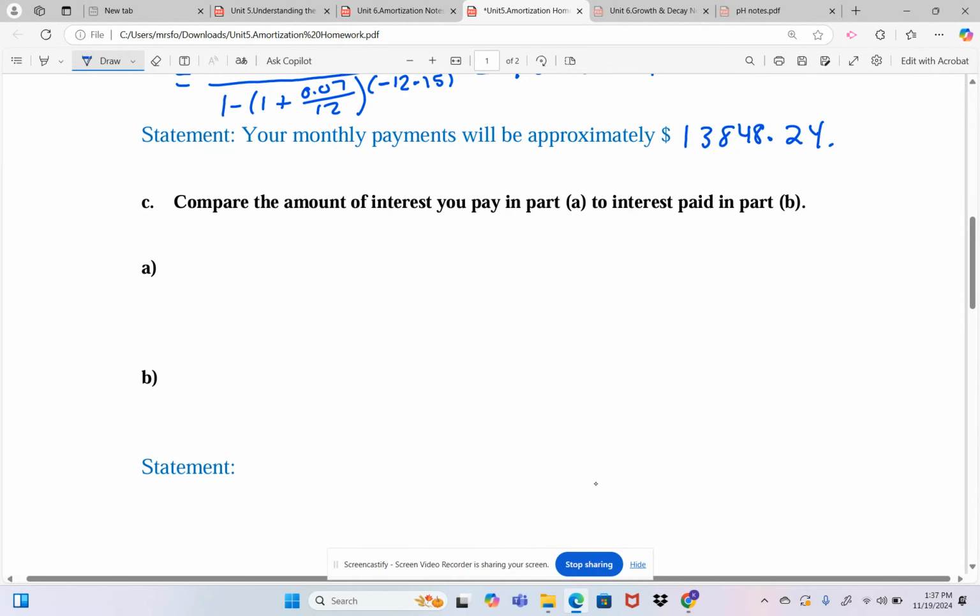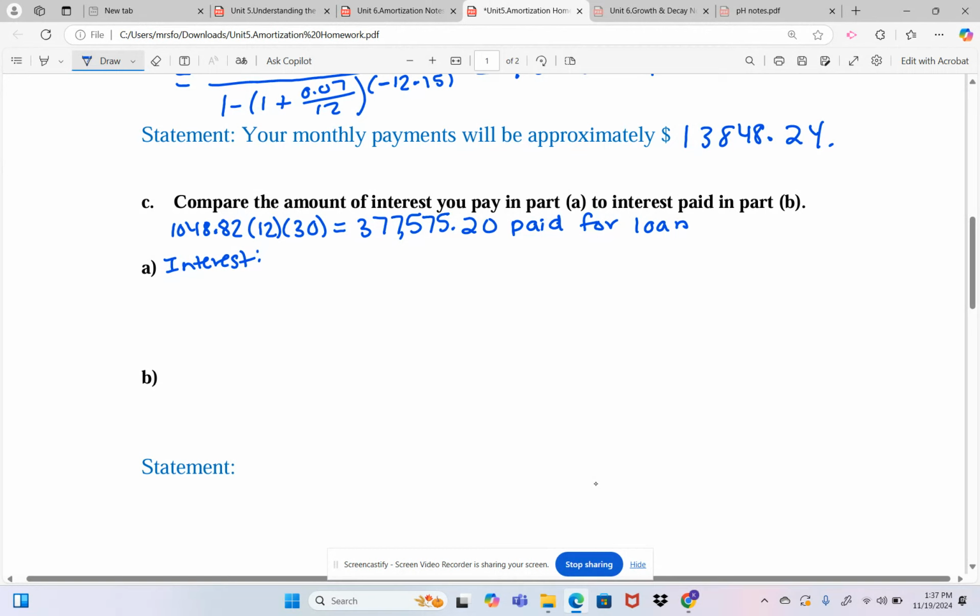So first of all, we need to determine how much interest did we pay. So, if in Part A we paid $1,048.82 for 12 times a year for 30 years, that means I paid $377,575.20 for the loan.